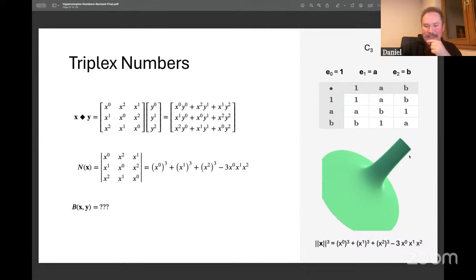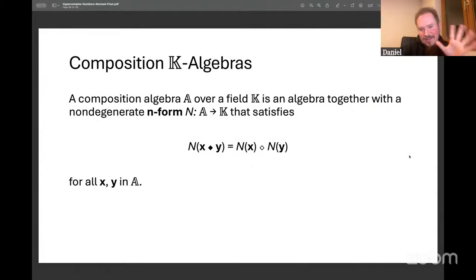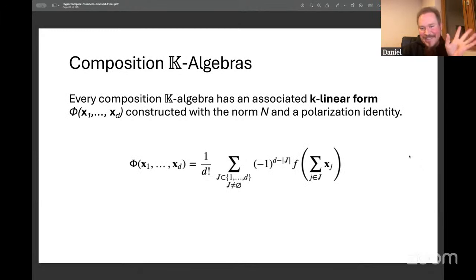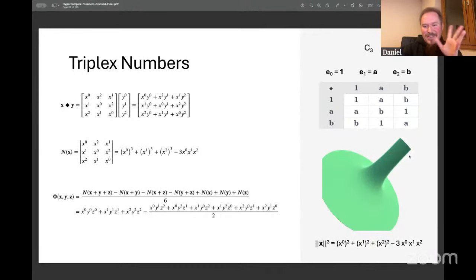This slide works out just fine, except we have to replace quadratic form with, n form, I guess. However, the polarization identity doesn't work out as nicely, and you have to use a slightly more complicated looking formula, but it's not really that bad if you instantiate it for a specific case, like in this case for dimension 3, it becomes a little bit longer, and you actually end up with a trilinear form using this more general polarization identity.